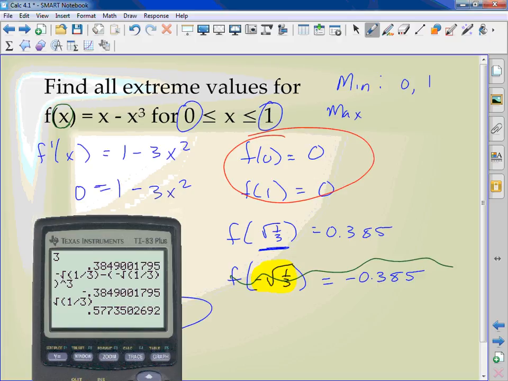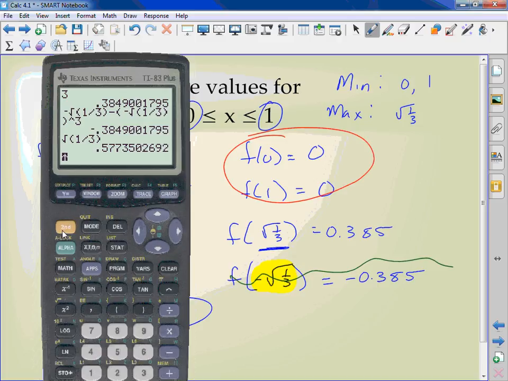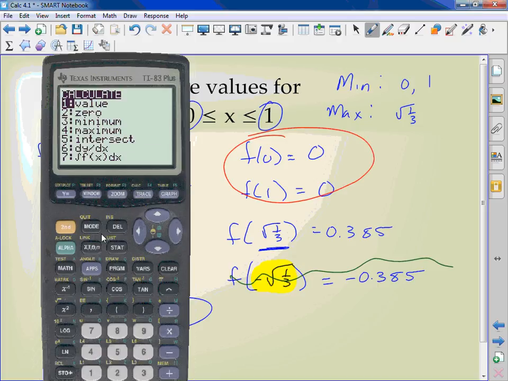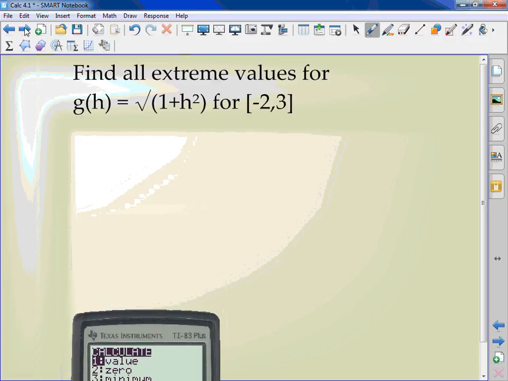I have a max at square root of 1/3. Okay? Please don't. That right there just tells me you did it the pre-calculus way of the max and mins on the calculator. We try to leave them as square roots and radicals and all of that.